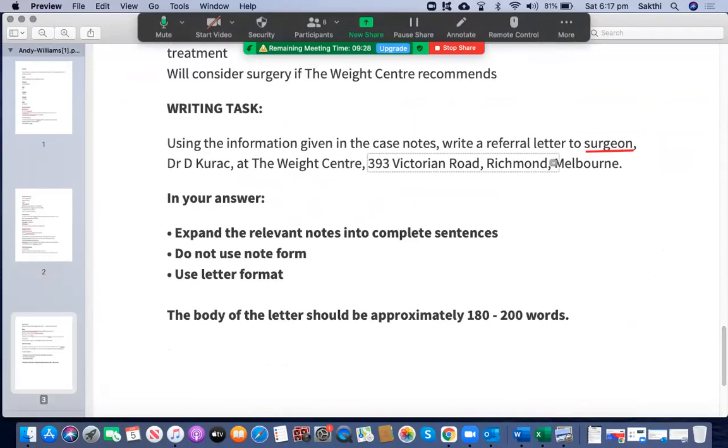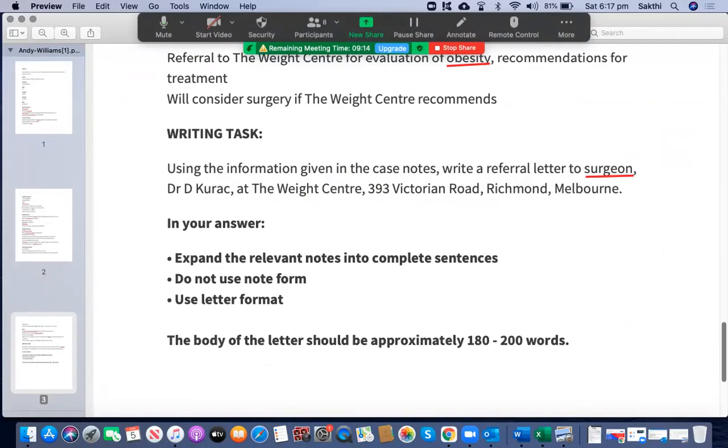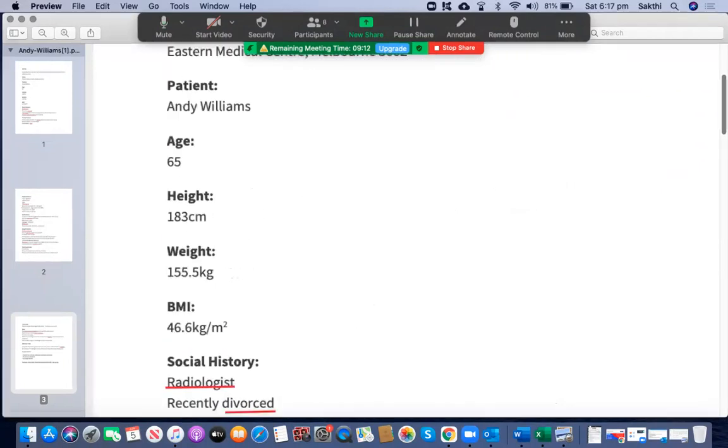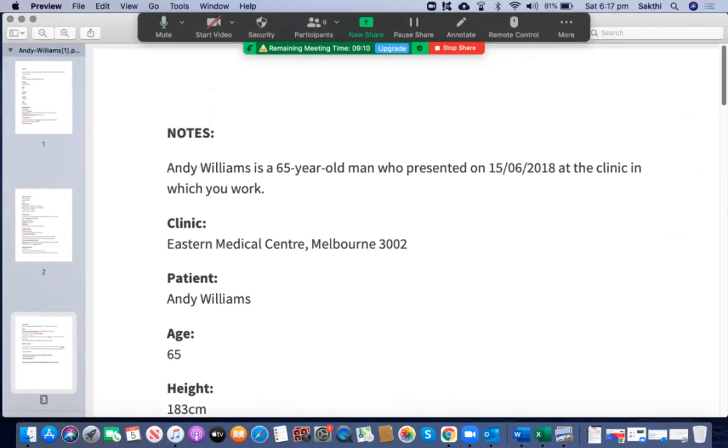Using the information given in the case notes, write a referral letter to surgeon Dr. D. Kurik, at the Weight Center, 393 Victorian Road, Richmond, Melbourne. So it's a weight center; it's all about weight.